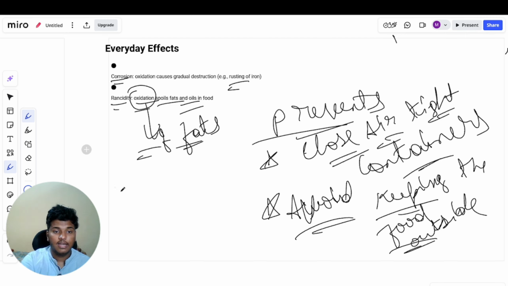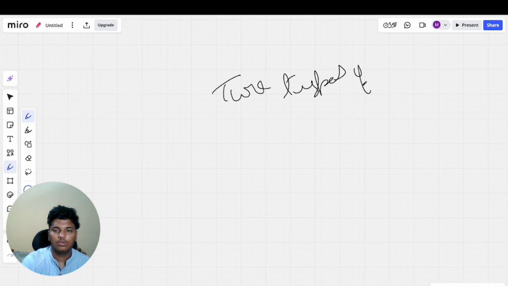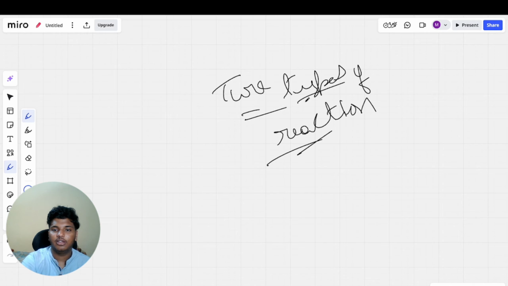And in common, we have two types of reactions. Actually, we have four, but these are the common reactions.